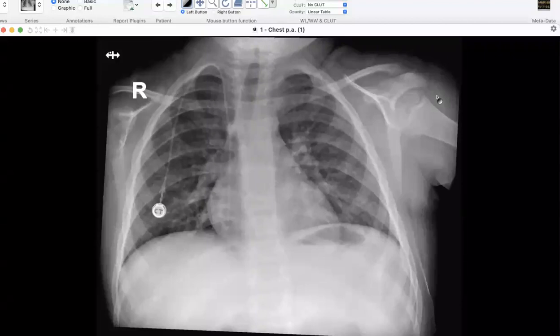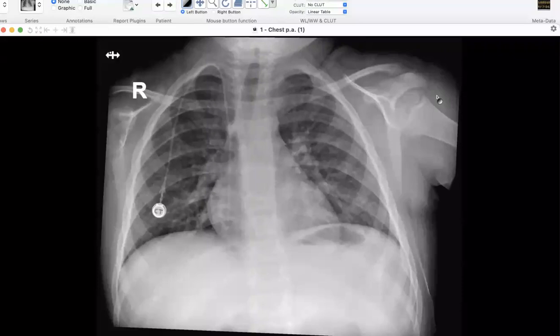This patient has a history of neuroblastoma. So this patient is under chemotherapy, and I'm not appreciating in these images any focal osseous lesion. What would you do?